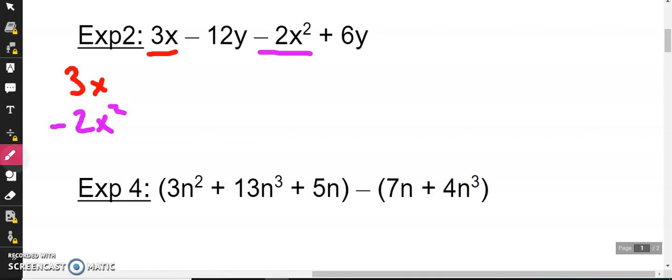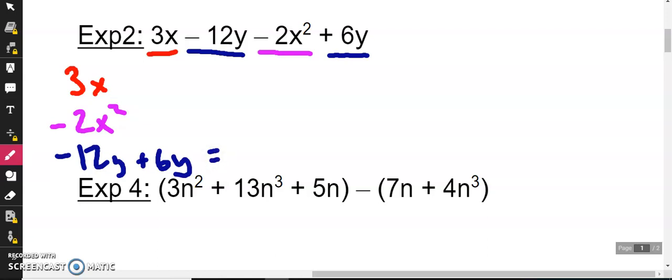And then I look at what I have left over, and I see a negative 12y and a plus 6y. Now, since those both have y's, they are like terms, and I will combine them. So negative 12 plus 6 gives me negative 6.